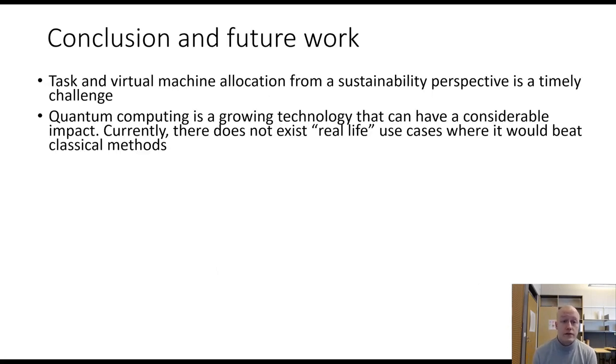As a conclusion and a bit about future work, this task and virtual machine allocation from a sustainability perspective is a very timely challenge, and there's a high demand for sustainable computing. Also, quantum computing is a growing technology, and it can have a considerable impact.